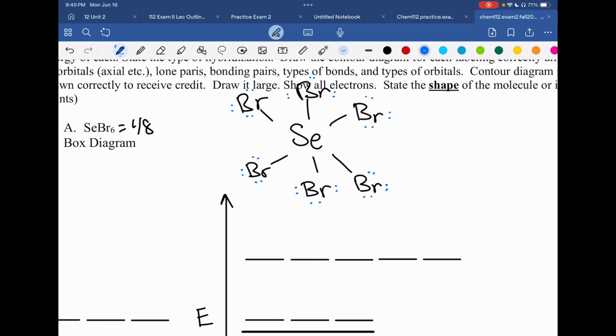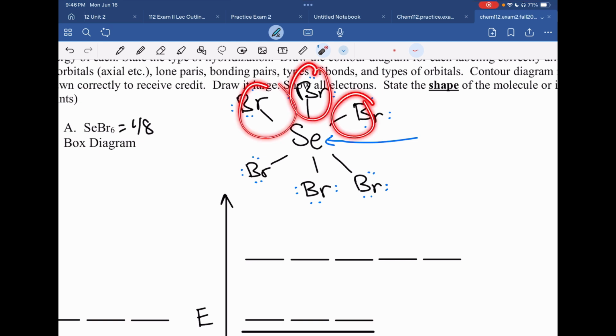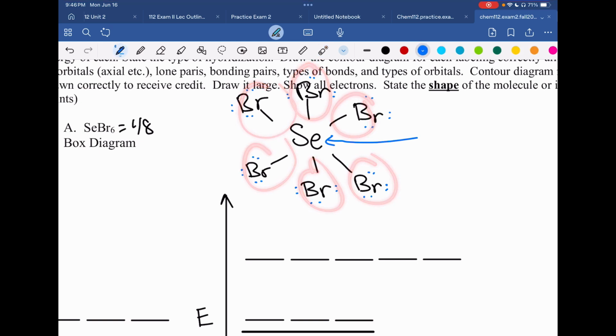Okay, so what is the hybridization of this central atom? Right, it's things. There's 6 of them. So what's that answer? You just simply count. In case you forget the order, you don't actually have to memorize it. You just count them as digits.